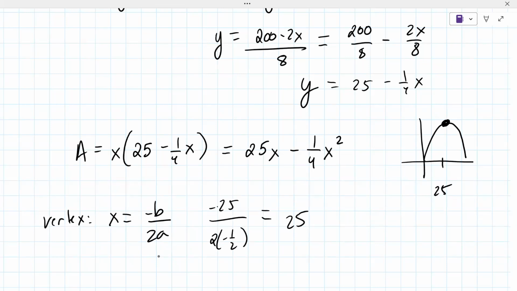They want the maximum area, so you put that back into the equation.